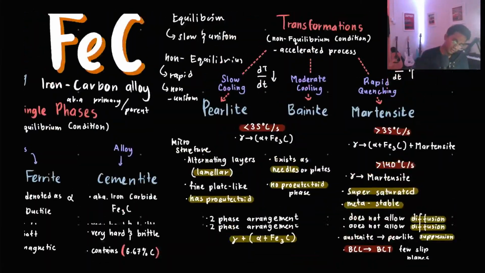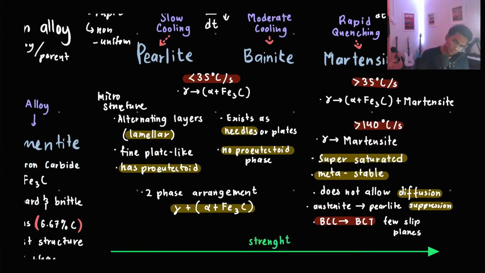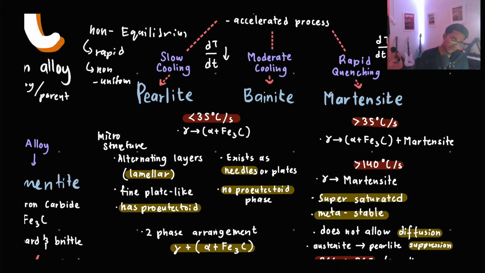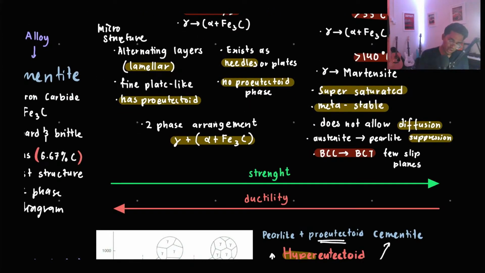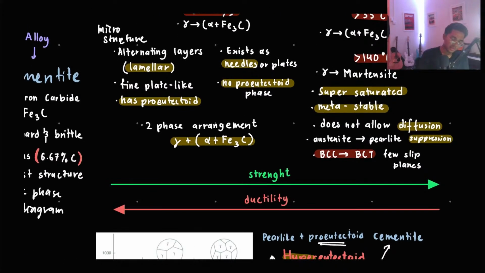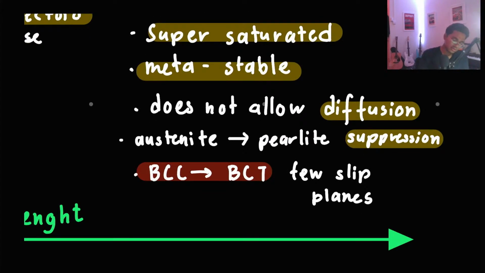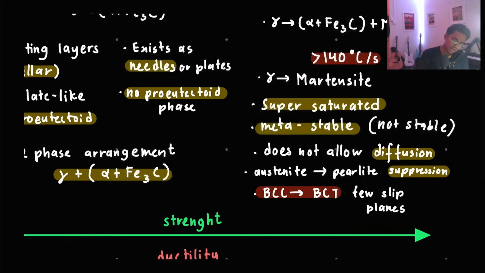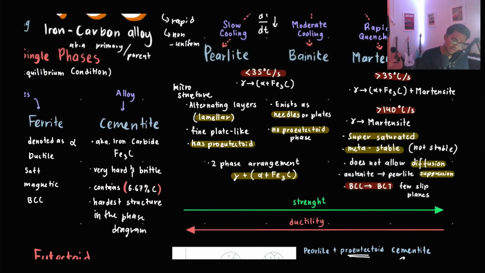Let's talk about martensite. Martensite is a supersaturated phase because it is cooled rapidly, and it is also metastable. Metastable means it is not stable. You can also write here, not stable. Why is it not stable? Because it does not allow diffusion.